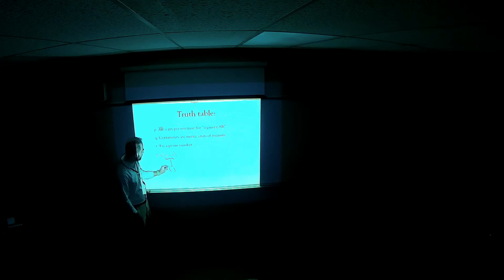So this is a conjunction in the very end. It was a disjunction up here, but then it's a conjunction at the end, and we're using this column to figure it out with the R's.